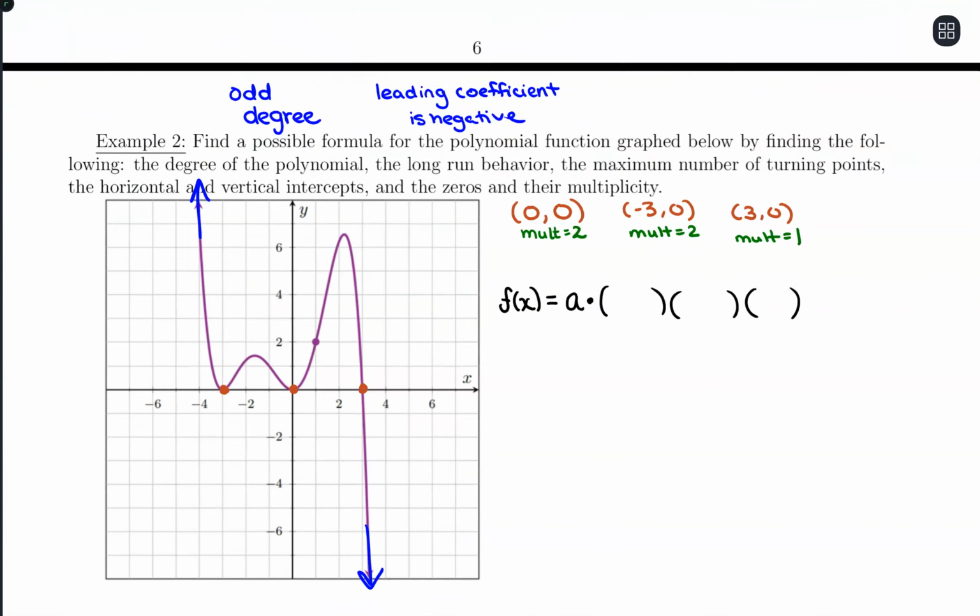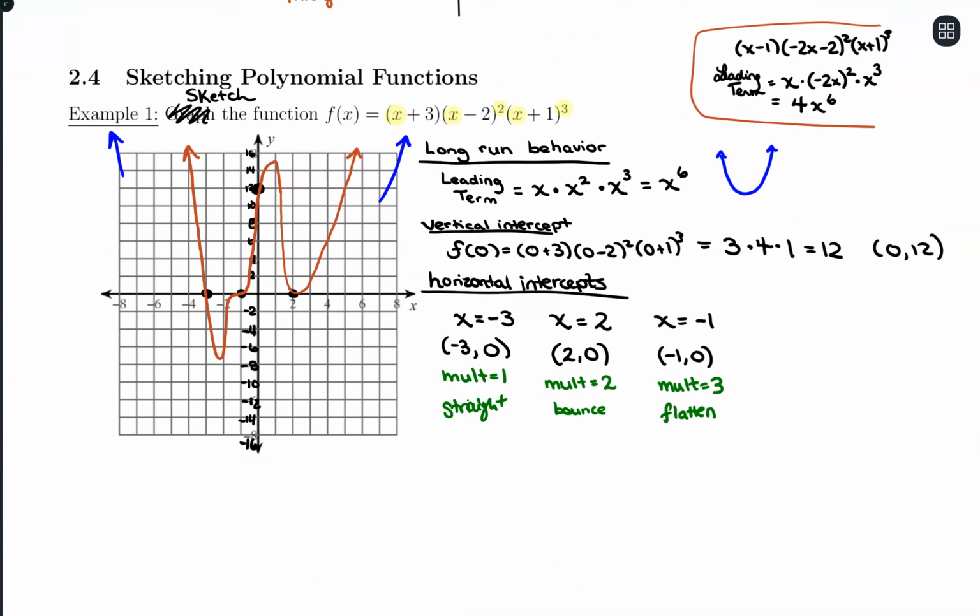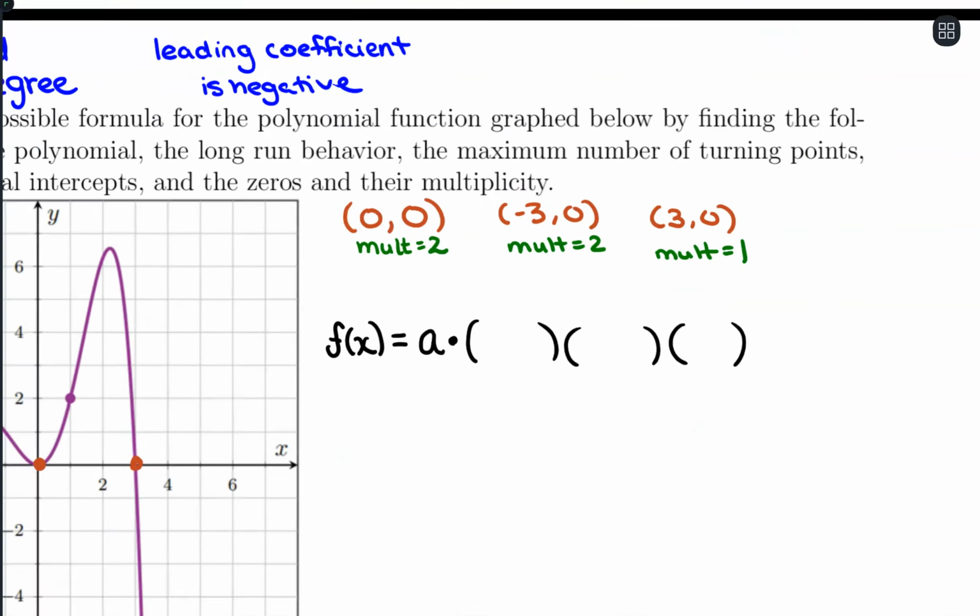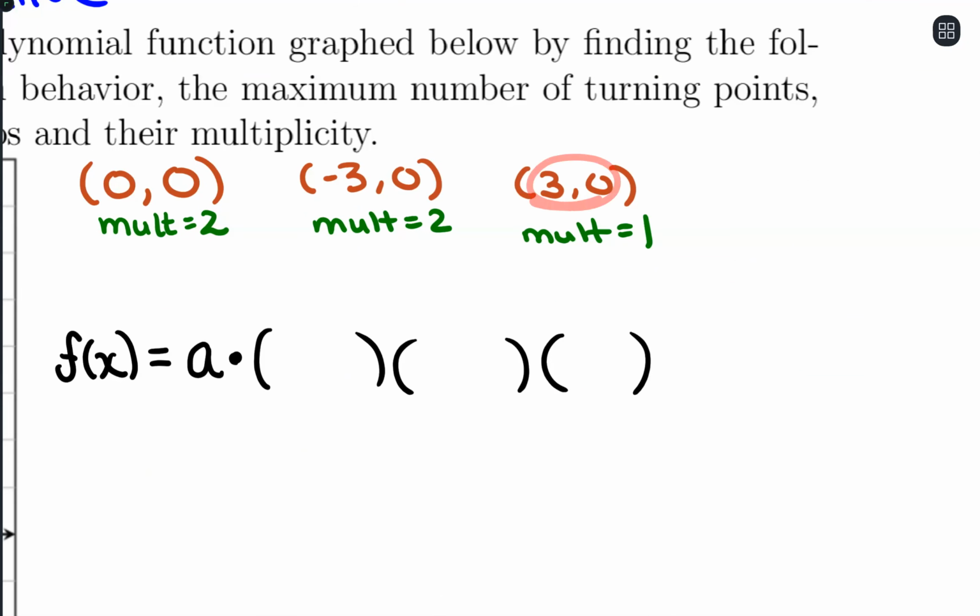So working in reverse, let's look at this last example. Getting the coordinate negative 3, 0 came from having x equals negative 3, which really came from seeing x plus 3 in factored form. Here, where I have the coordinate 3, 0, which is coming from x equals 3, that means I have a factor of x minus 3.